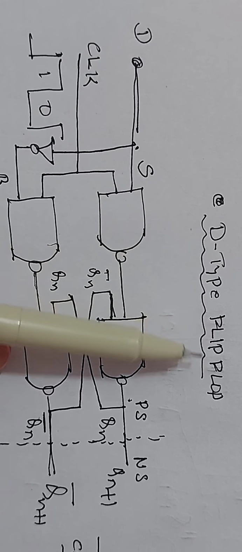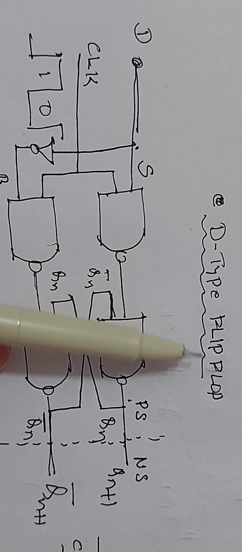So, when the clock pulse is 0, and whatever may be the data input, since of the two inputs of this NAND gate one input is 0, if any one of the inputs is 0, the output of the NAND gate is 1. Now, this output and Qn bar are the inputs of this NAND gate.